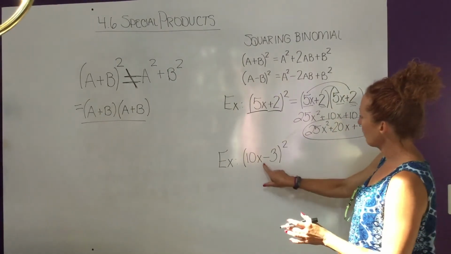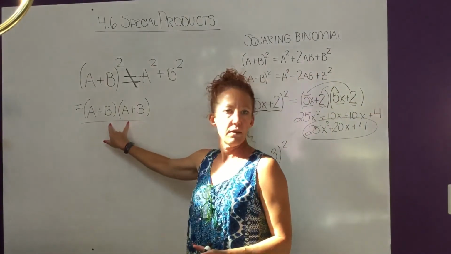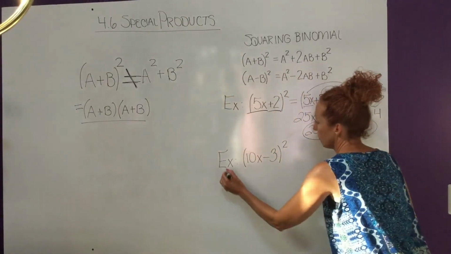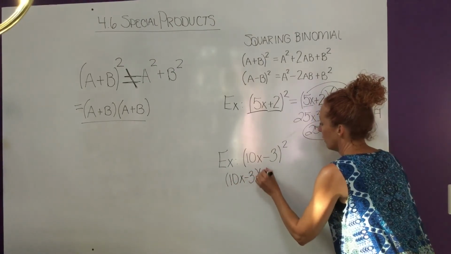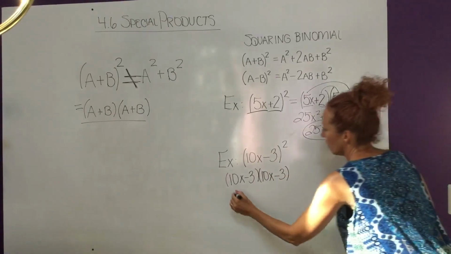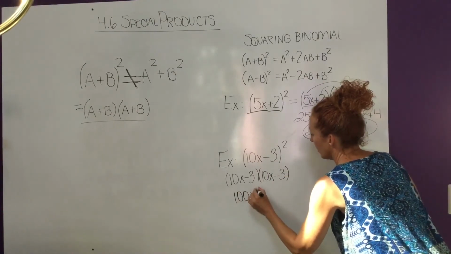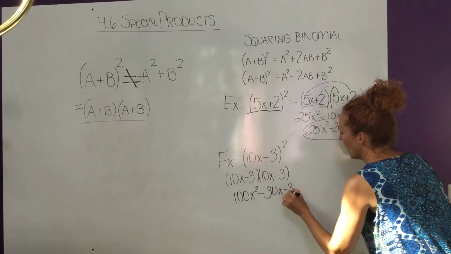All right, let's try one when there's a negative right there. So again, I'm going to write that binomial twice. 10x minus 3 times 10x minus 3. So 10 times 10 is 100x squared, minus 30x minus 30x.